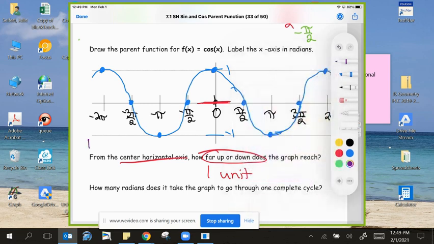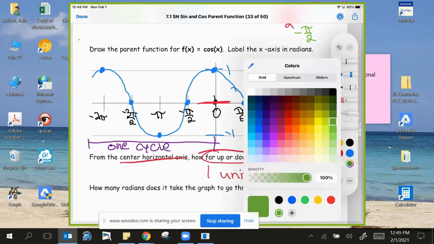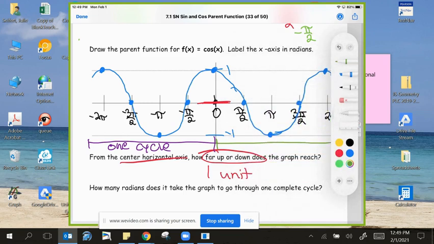We have 1 cycle on the left, and we have another cycle here on the right. So how many radians does it take for the graph to go through 1 cycle?